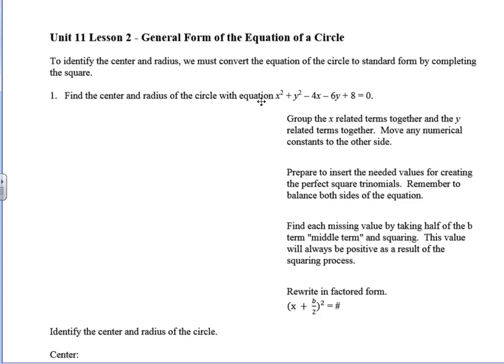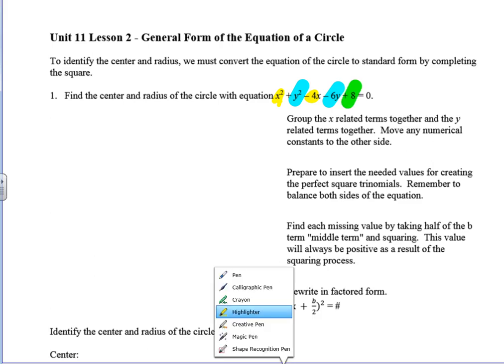We're going to group the related x terms together, and so let me just highlight where those x terms are for us here. So this would be an x term, and this would be an x term. And then we're going to group the y terms together, and then our constants, the numbers, we're going to move to the other side.